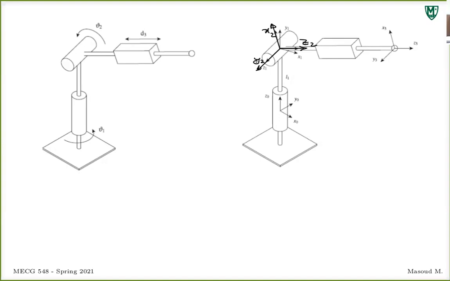You don't really care about those. See if I can erase them so I don't get distracted. There you go. And you want to go to X3, Y3, Z3, right? At the tip.